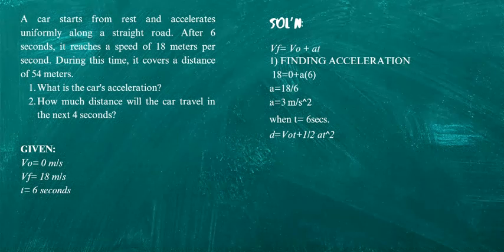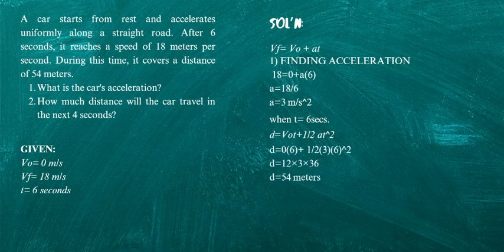Now, plug in the values and we have d equals 0 times 6 plus 1/2 times 3 times 6 squared. So we get the distance of 54 meters. So the car travels 54 meters during the first 6 seconds, which matches the given information in the problem.